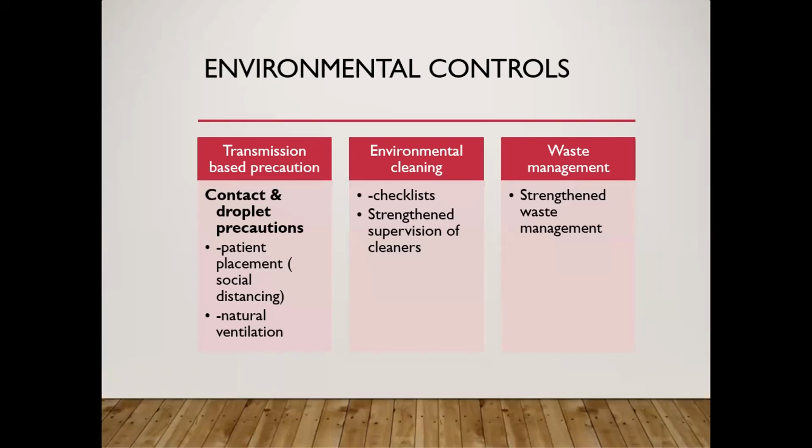And also in our patient waiting areas, we've put social distance markings to make sure that everyone is at least a meter apart from the next patient. And for ventilation, we always make sure that our windows are well ventilated, and for those other smaller rooms, we've avoided using them where ventilation is not proper.